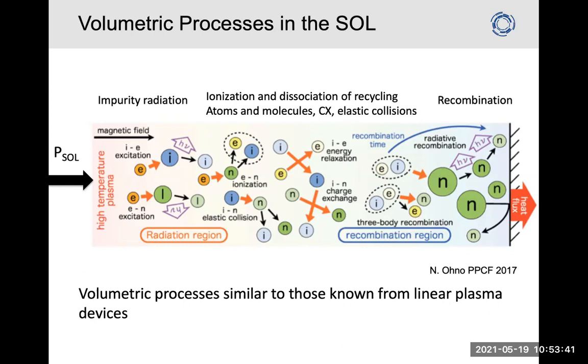So while charge exchange processes don't seem to be a major or a decisive channel to reduce the ion flux to the target as such, they are though crucial for triggering the recombination process, because the recombination takes time. You need to slow down the plasma.